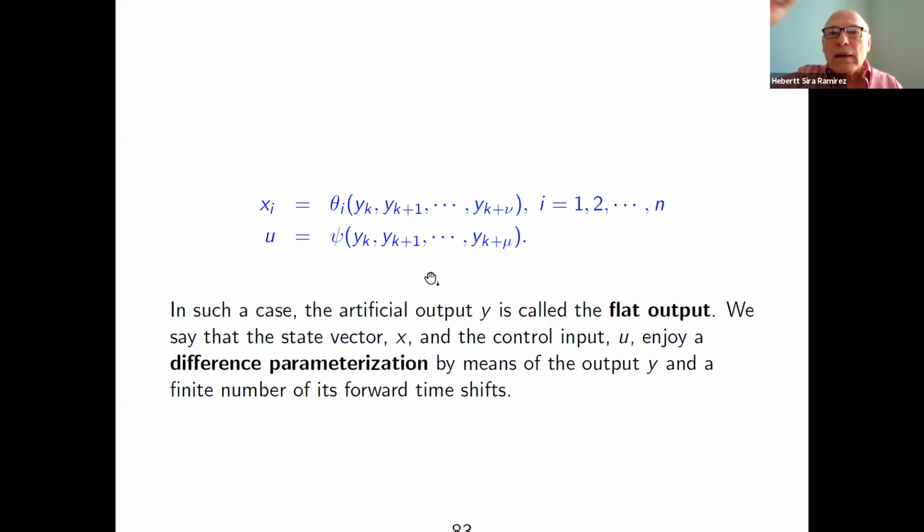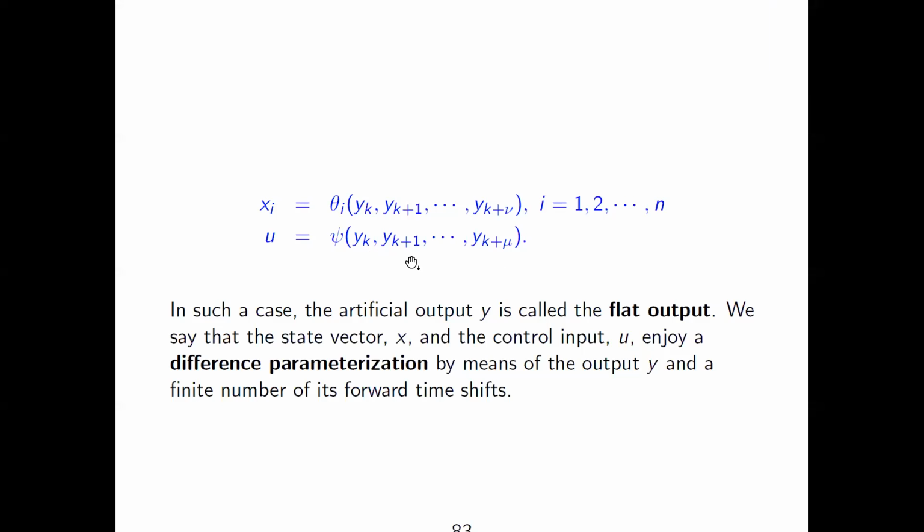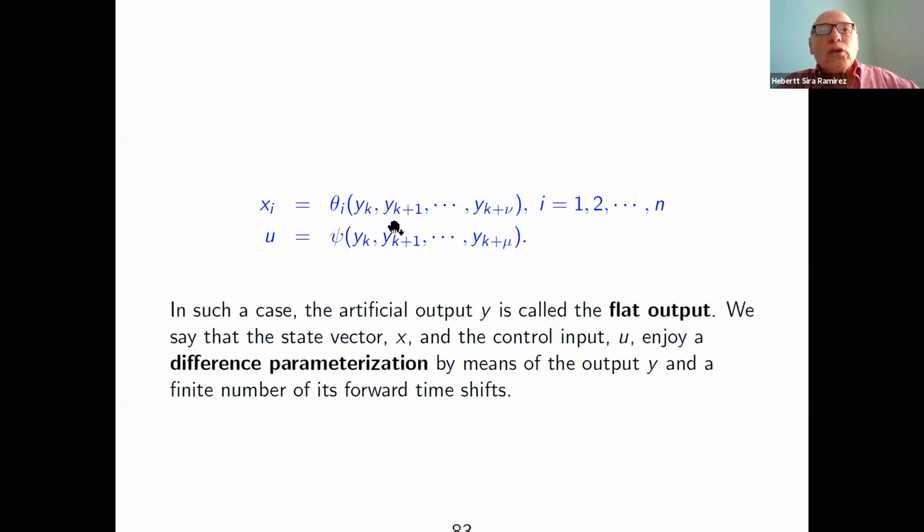So that will be a case to study in dynamical feedback linearization, but not in static feedback linearization. So the flat output has the property of being able to describe completely, in terms of advances of its time evolution, all the states in the system and the control inputs in the system too.